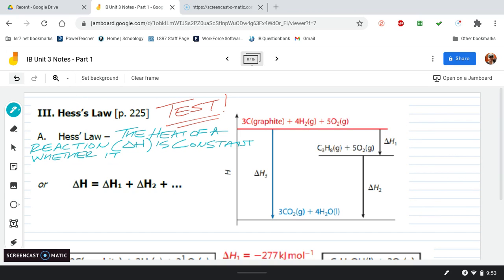Whether it is carried out in one step or multiple.